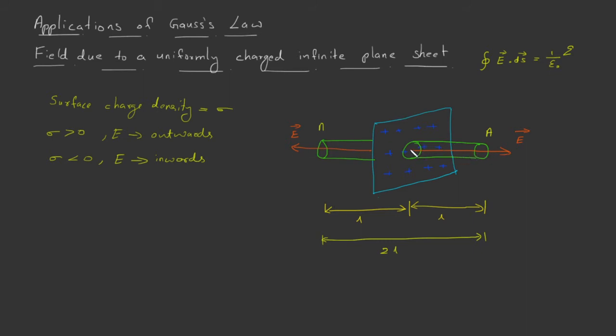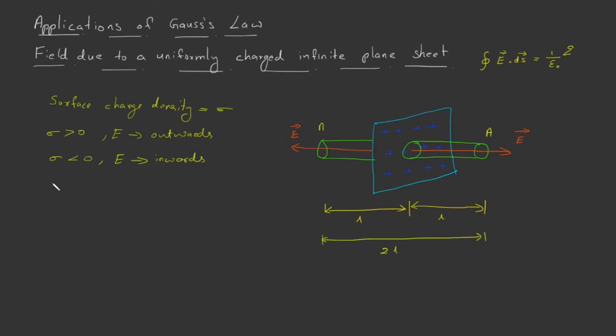We know the direction of electric field is normal to this plane sheet. That means the direction of electric field is parallel to the curved cylindrical surface.